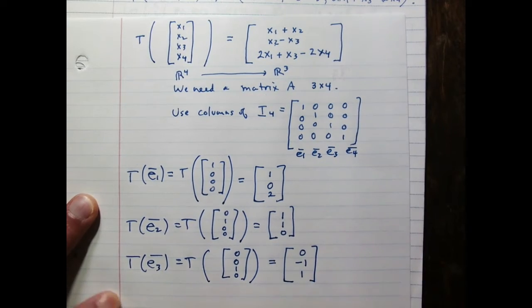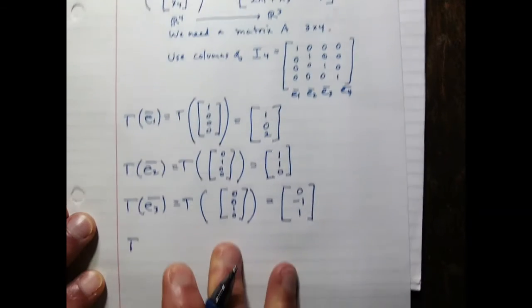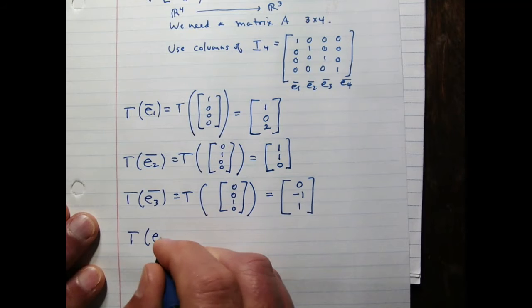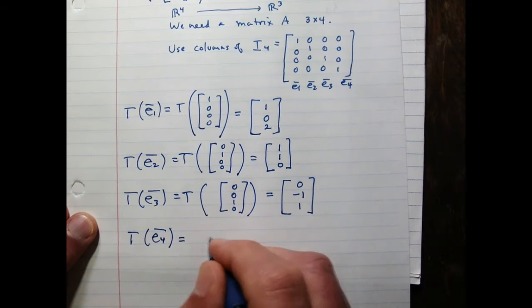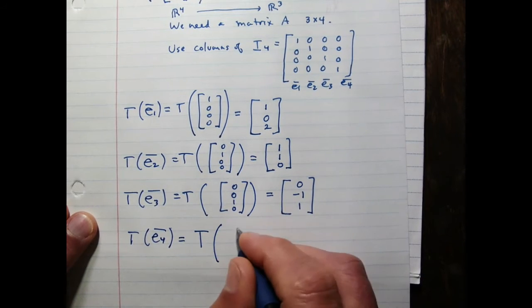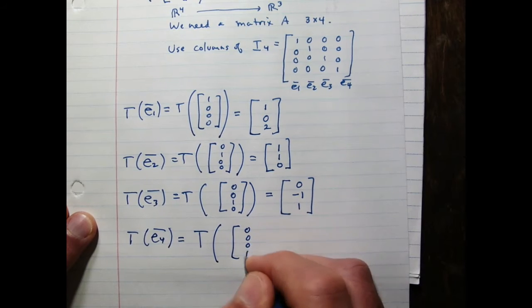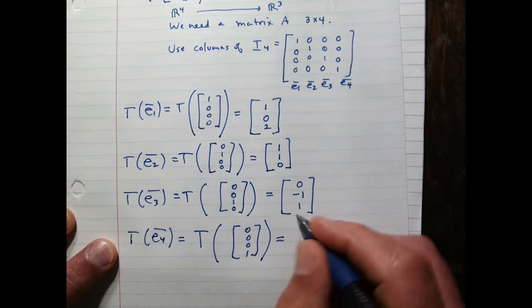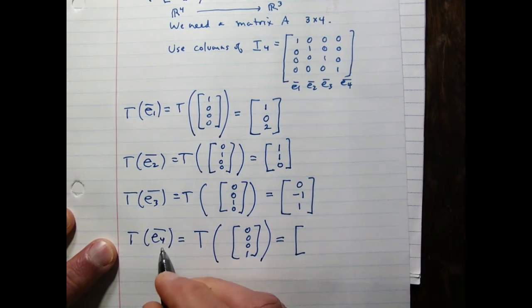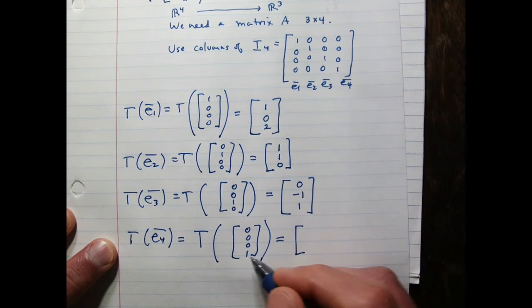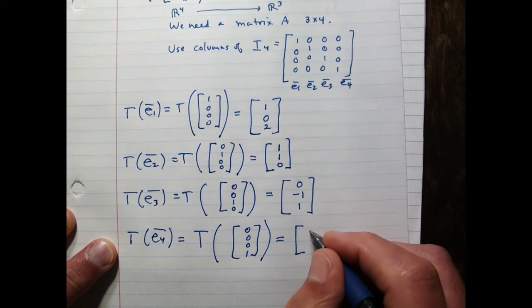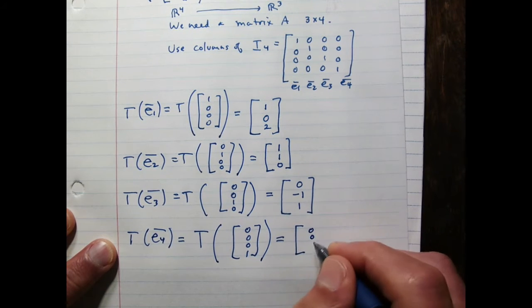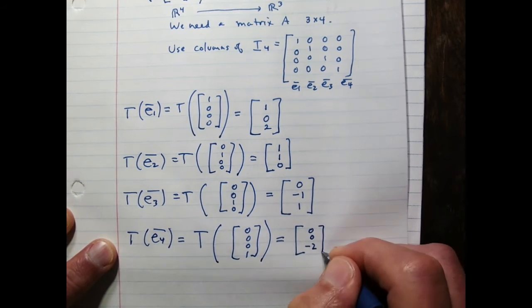So there's the image of T of E3, and we need one more. So the image of E4, where only x4 is 1, the other entries are 0, so we get 0, 0, minus 2.